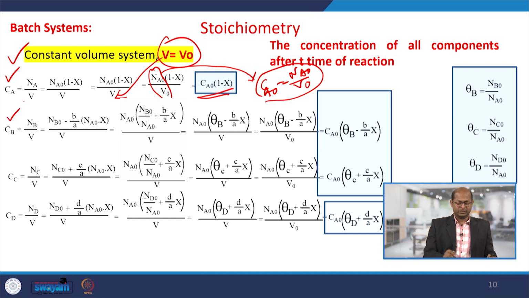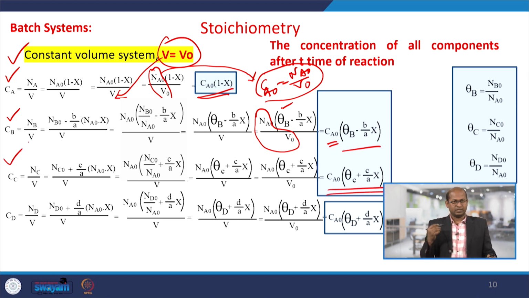Similarly, for component B we can write C A naught into theta B minus b by a into x, and for component C, the concentration of component C, we are also substituting V equals V naught.